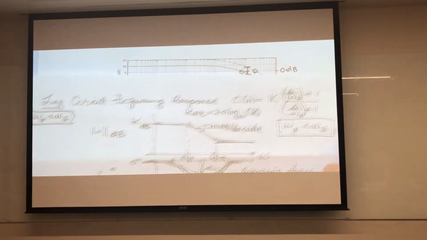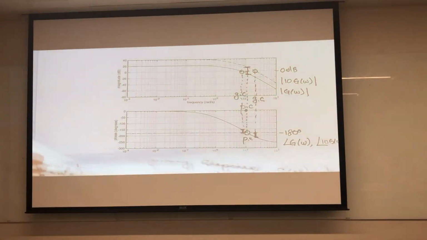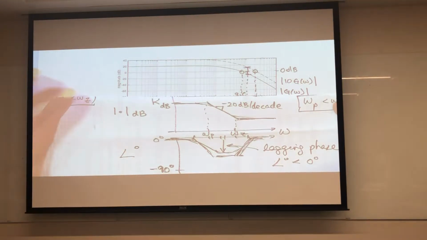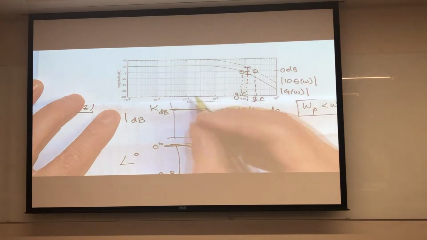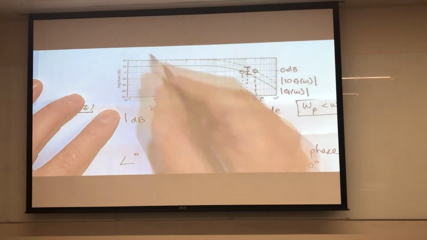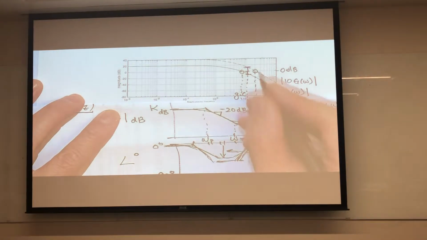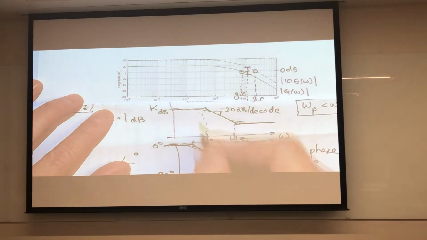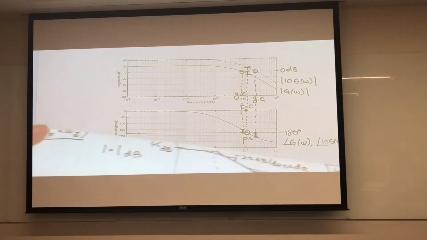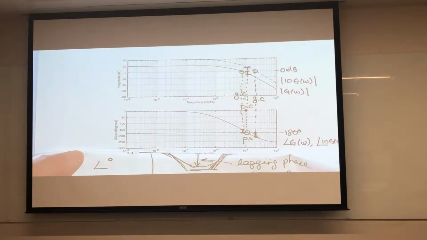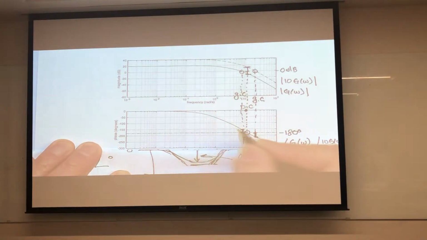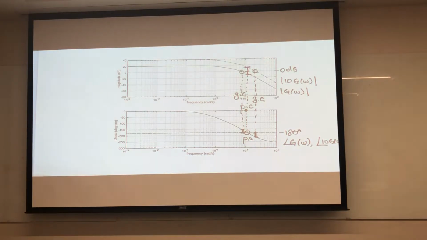We can get this. We're going to reshape the gain plot by picking some omega p and omega z, and we're going to get more gain at low frequency and less gain at high frequency. But as we put this in, we have to realize that this curve will also reshape, but we just need to make sure that when we put it in, it doesn't mess this up.